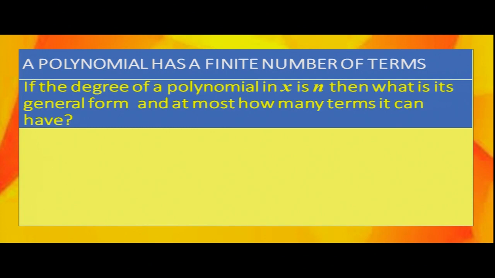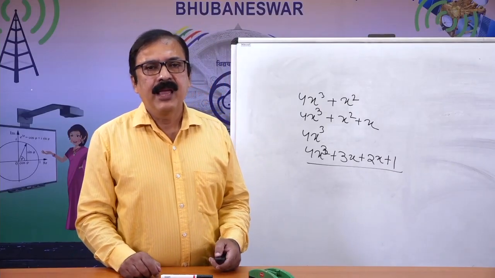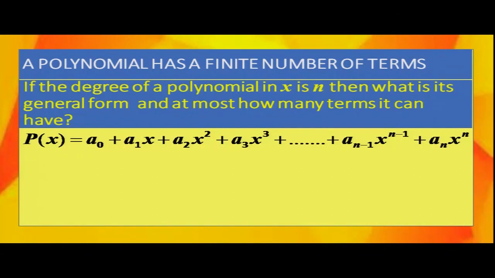We can write this degree n polynomial as a0 + a1x + a2x^2 + a3x^3, and in this way up to a(n-1)x^(n-1) + an x^n, where the coefficients are a0, a1, a2, a3, up to a(n-1) and an.